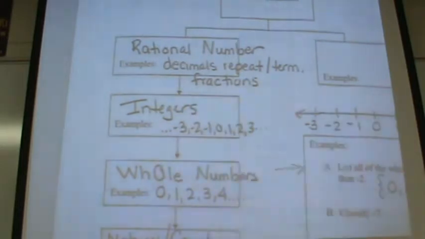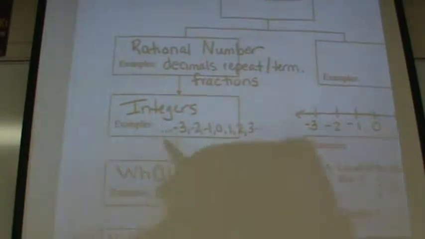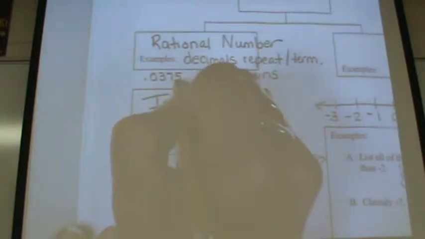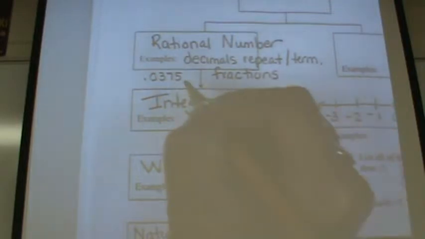So if you can make a fraction, a ratio of 2 integers, if I give you a decimal like 0.5, can you make that a fraction? Yeah, it's 1/2. I could give you a decimal like 0.0375. That's considered a rational number. We could make this a fraction.